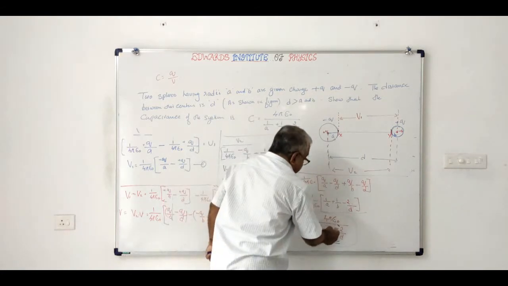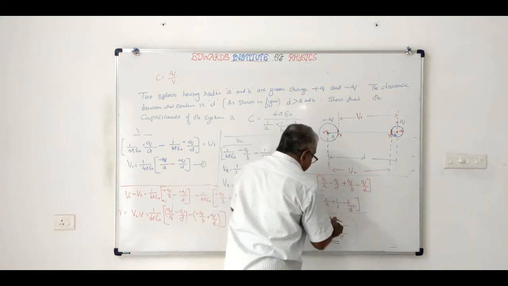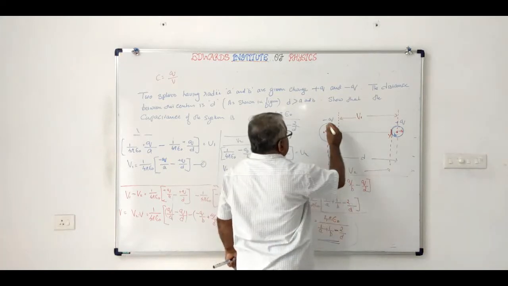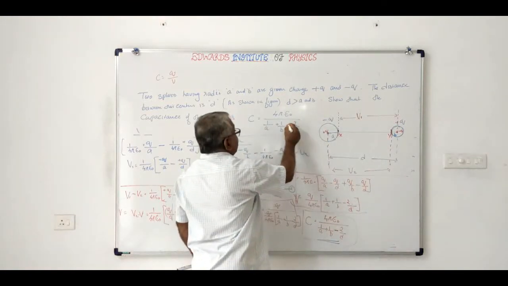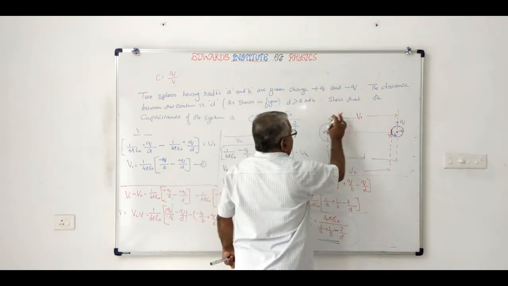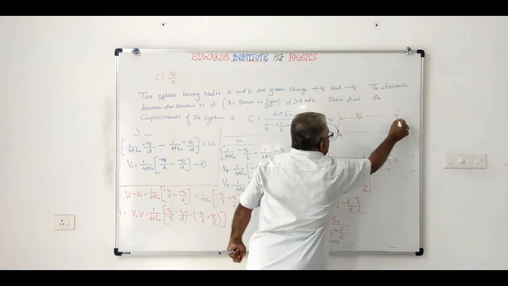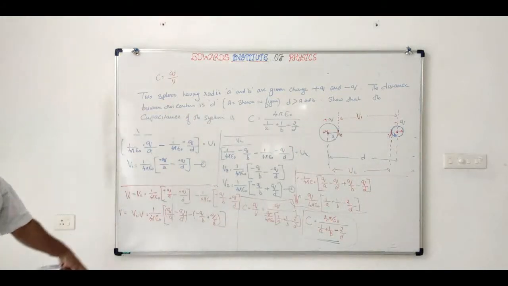Okay, you try to do it like that also. As homework, make this minus q and this plus q, then this will become plus. You check it yourself. So please note down.